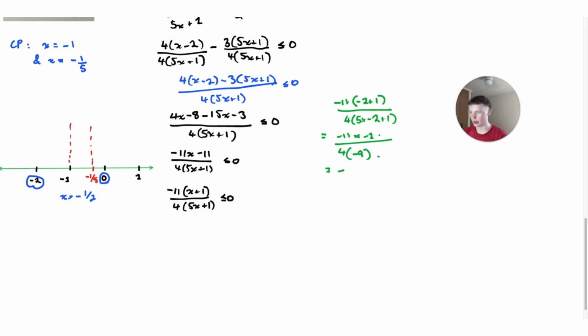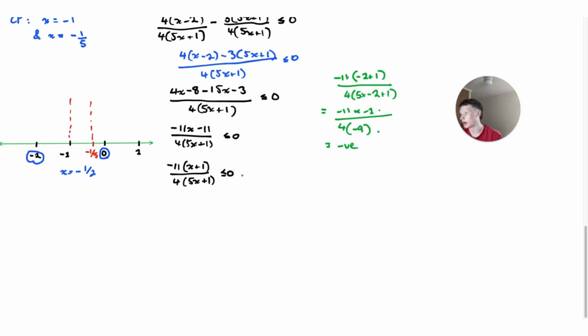And so this will be a negative solution. Okay, so let's move on to negative a half now. So we'll go negative 11 outside of negative a half plus 1 over 4 times 5 over 2 plus 1.